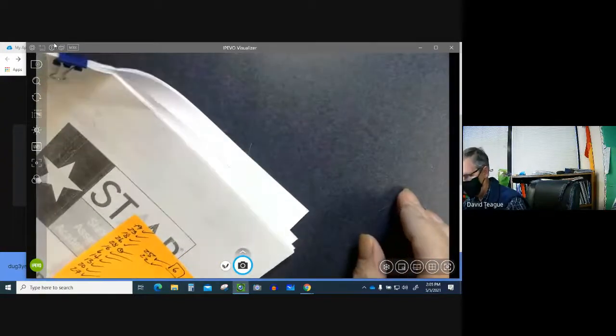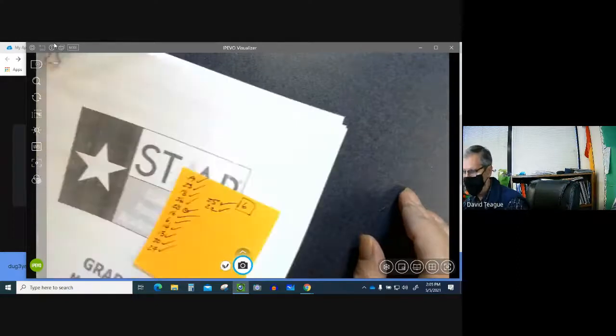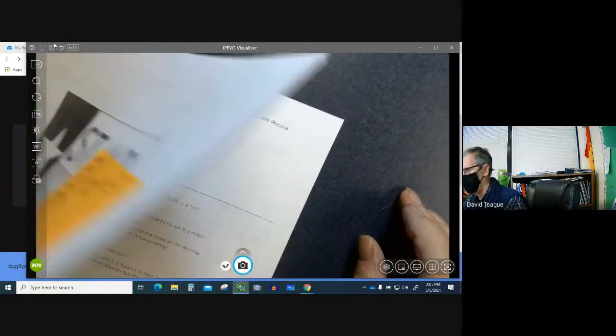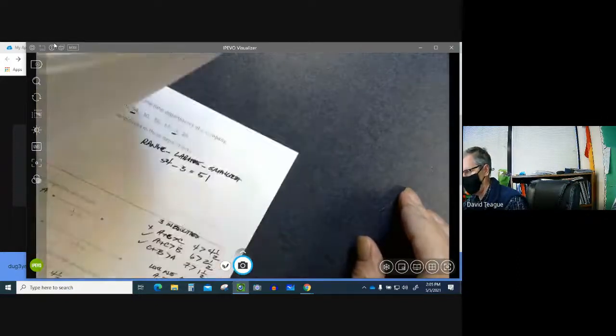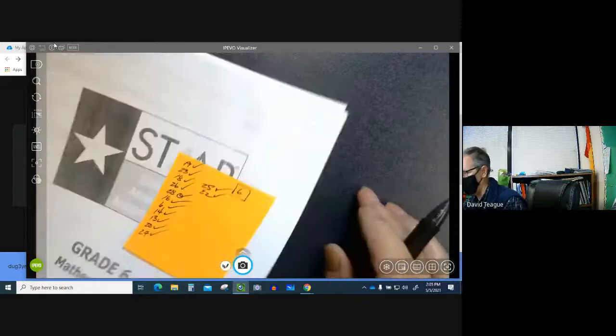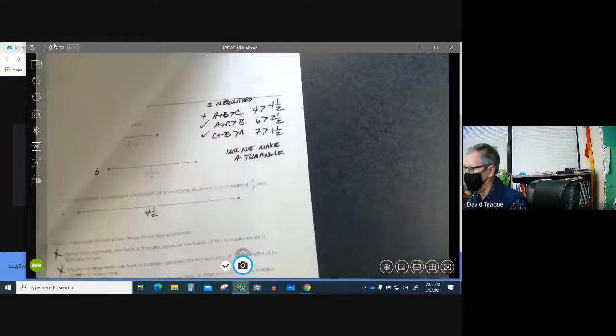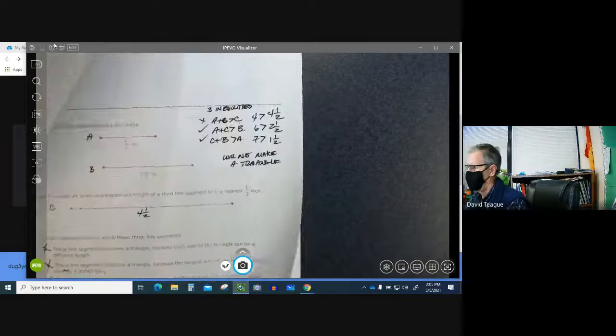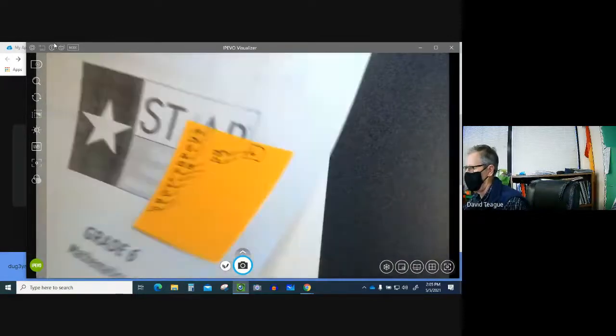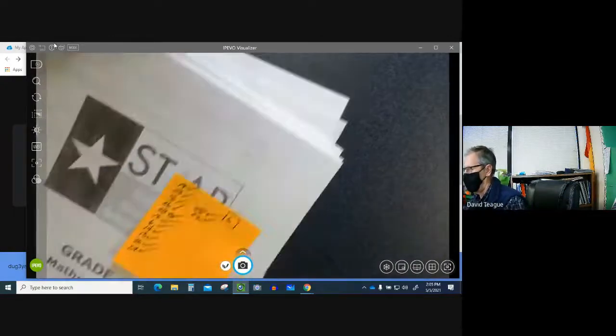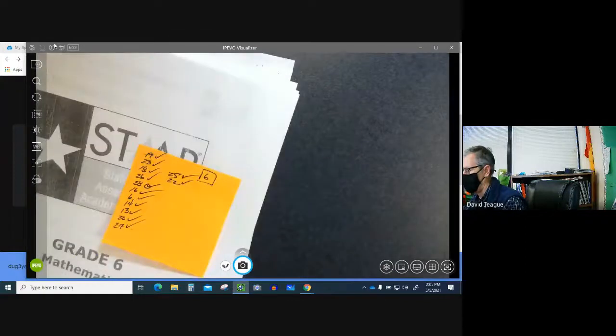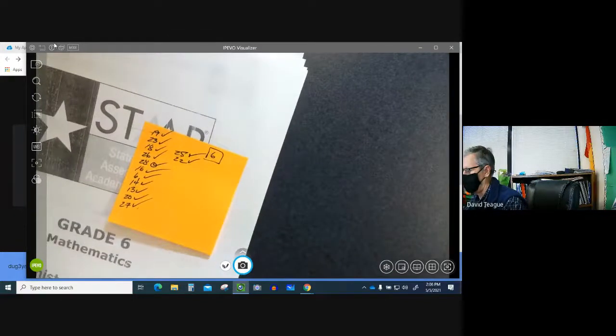I've kind of looked at these over the years, and I do see things repeating. Probably the more difficult ones are the ones where you have to read and analyze the data. There's probably for sure going to be some percent ones.